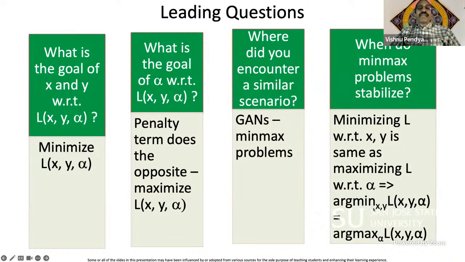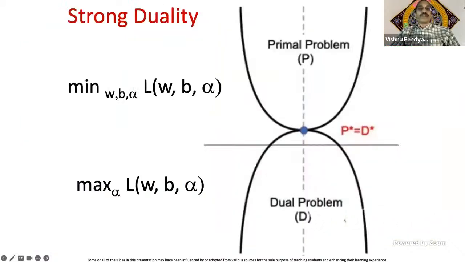So argmin of L, where x and y are the arguments, is the same as argmax of L where alpha is the argument. That is the idea. When these two are equal, when there's an equality like this, it is called strong duality.